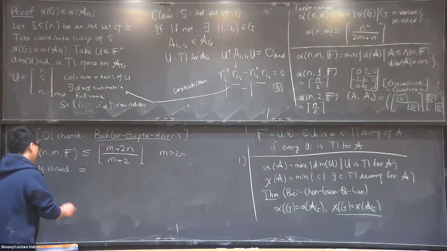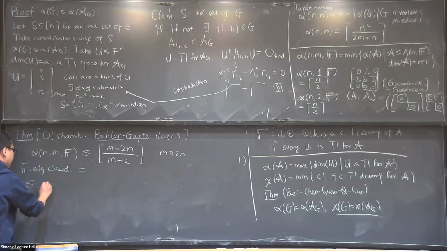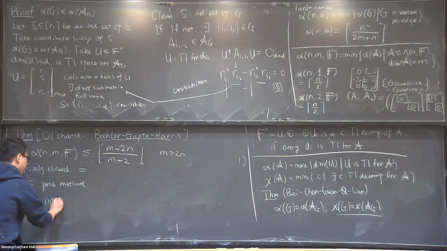So the upper bound is by the probabilistic method, and then the equality part for the algebraically closed case is proved by intersection theory from algebraic geometry. This is probably by Harris.